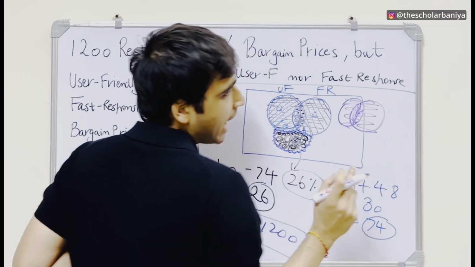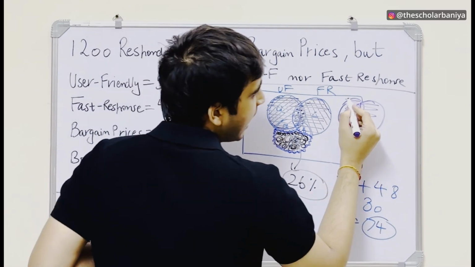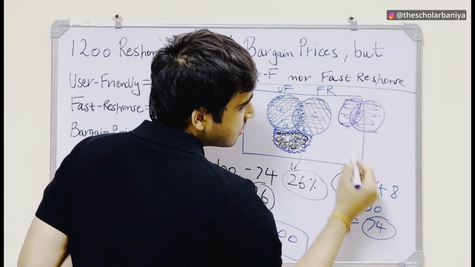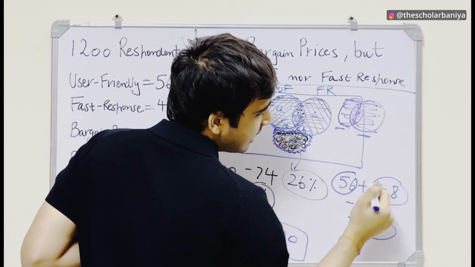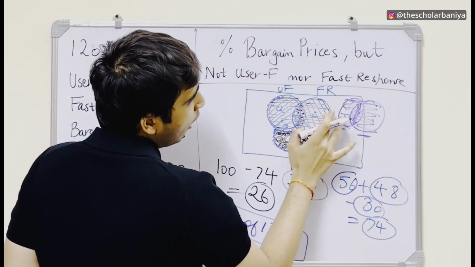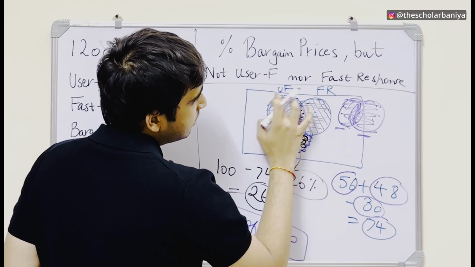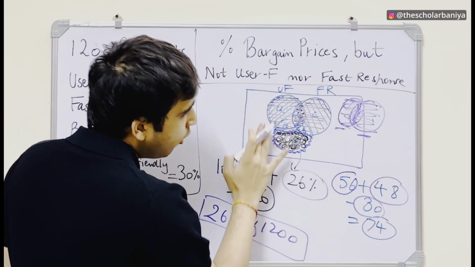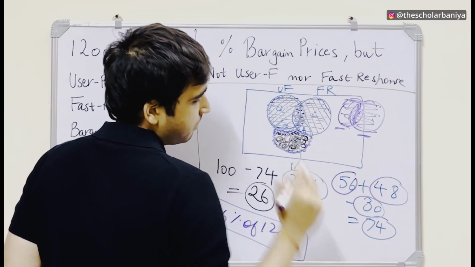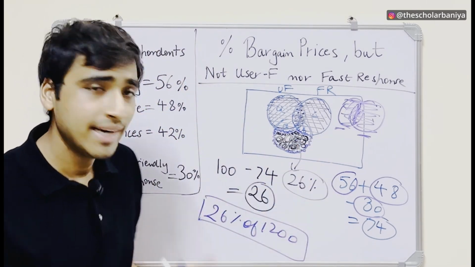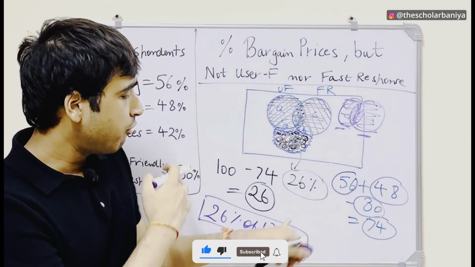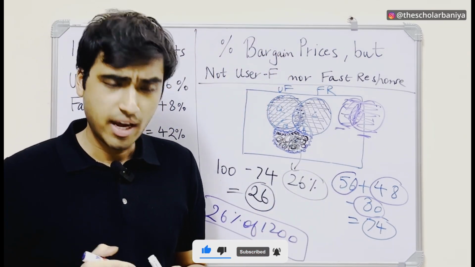So I subtracted the common part once and got the entire area of this circle and this circle. Now from all three circles, if I subtract these two circles, I will only be left with the part I wanted. That comes out to be 26%, and there were 1200 respondents. So 26% of 1200 will be your answer. I hope this is fine.